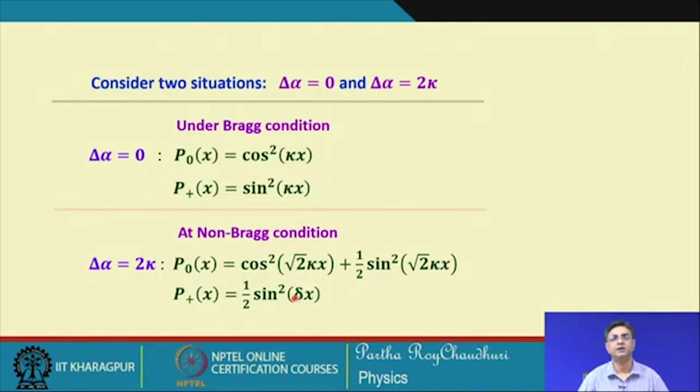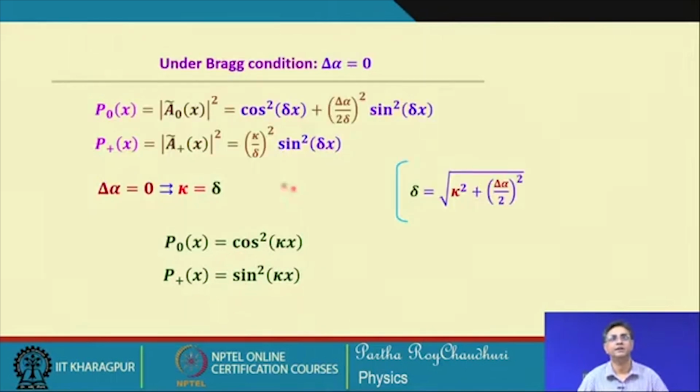This should be delta equal to under root kappa into x. Look at these two equations: this is cosine square, this is half sine square, and if you express this as 1 minus cosine square, then the half and half will go together and you will get a variation.